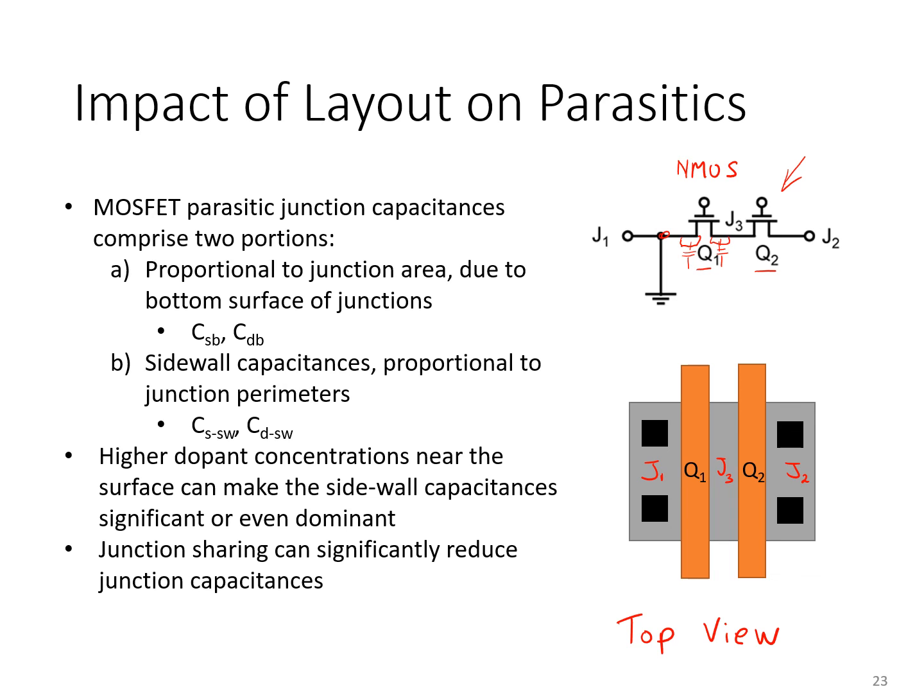But in fact, when it comes to laying these transistors out, especially if the transistors have the same width W, then they can be stacked side by side. And in this case, there are no other connections to the node J3. So there's no need to introduce the black metal contacts. Because of all that, it allows you to make the area of J3 very, very small. Okay.